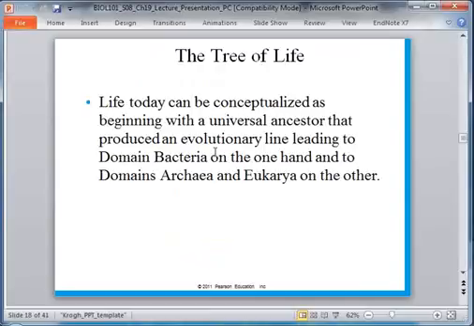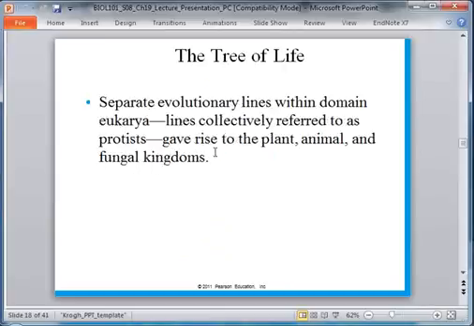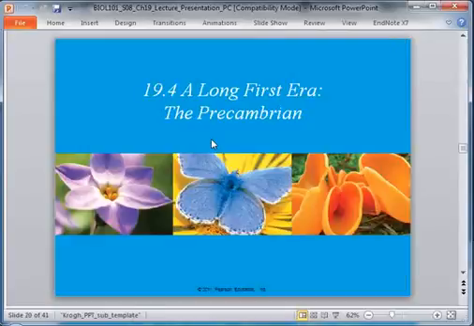Life today can be conceptualized as beginning with a universal ancestor that produced an evolutionary line, leading to domain bacteria on one hand and to domains archaea and eukarya on the other. And we already talked about the protists, plants, and animals.